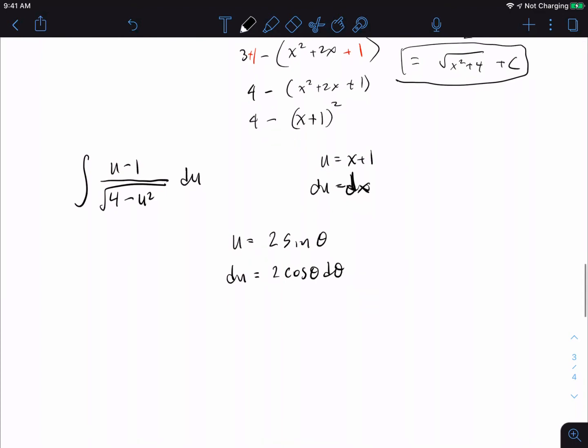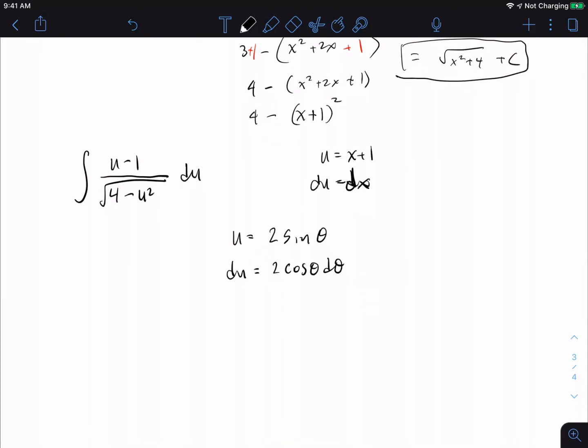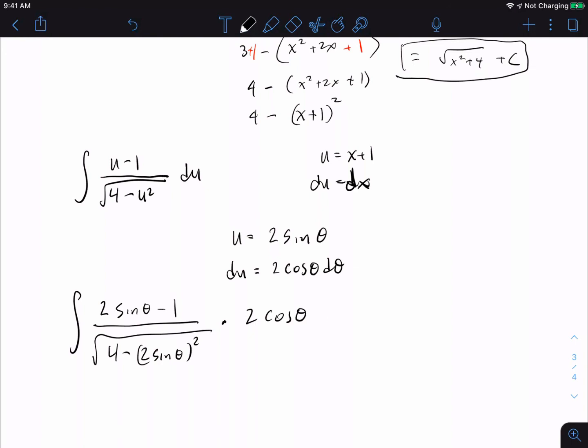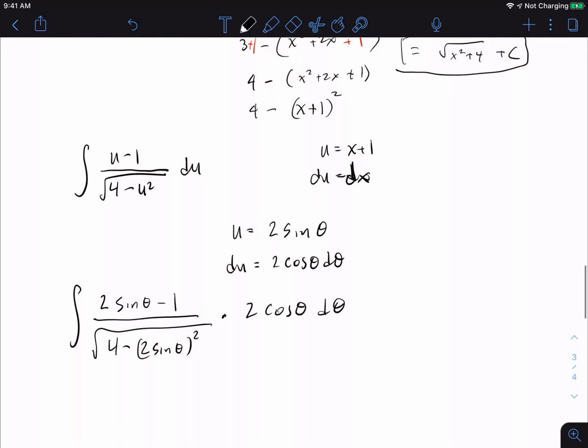Okay. And then from here, I'm going to rewrite this as 2 sine theta minus 1 over the root of 4 minus 2 sine theta squared times 2 cosine theta d theta.